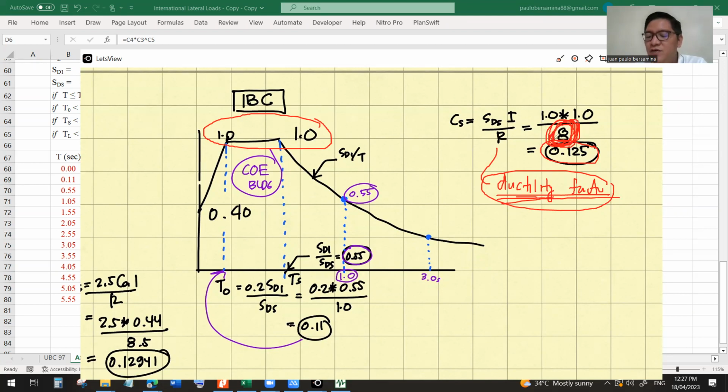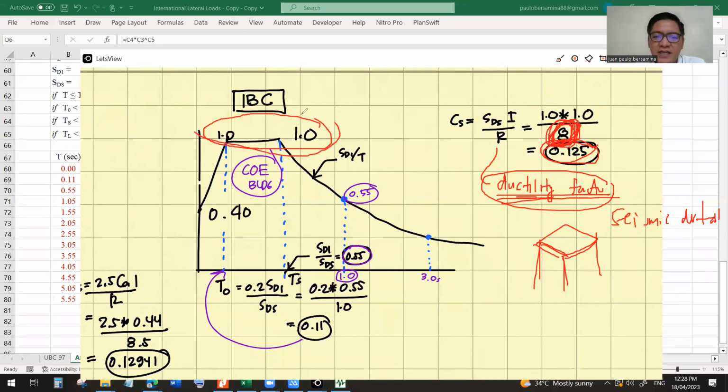So reduce natin base shear, so that you design, it results to a smaller dimension, pero make sure na ductile yung structure. Okay? Following the seismic detailing. So that's the concept of the base shear.